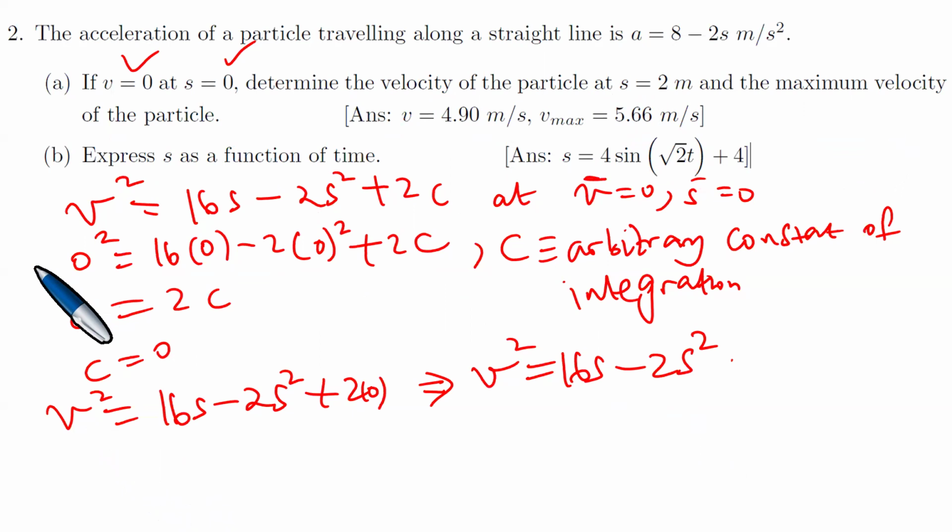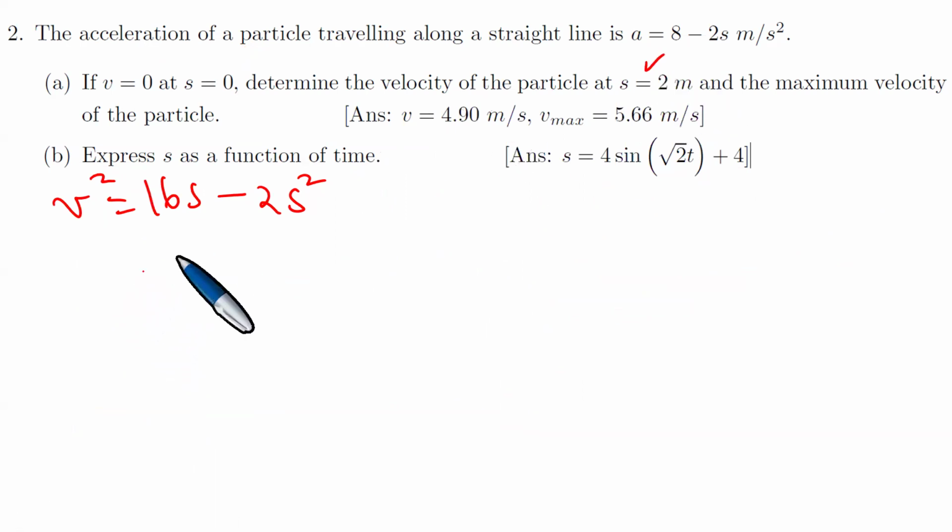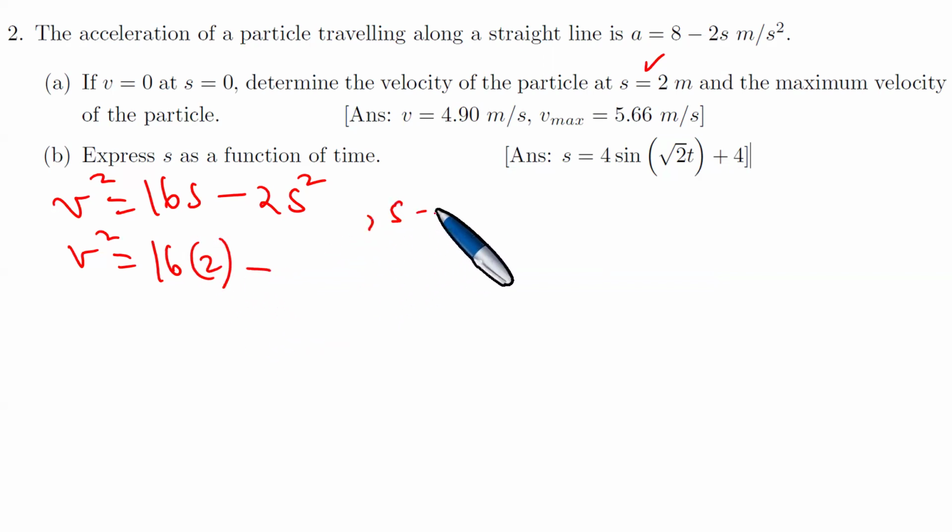Right. We have exactly the following. Let's do this. So if we have that v squared is 16s minus 2s squared, when s is 2, you put a 2 here, because wherever s is, you put 2.